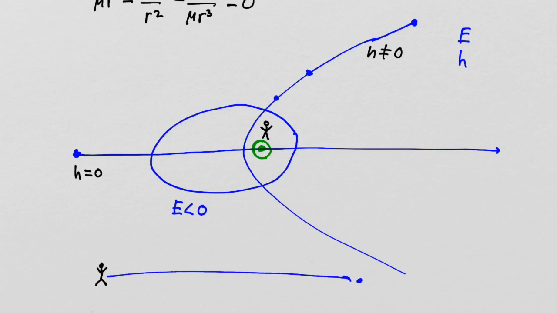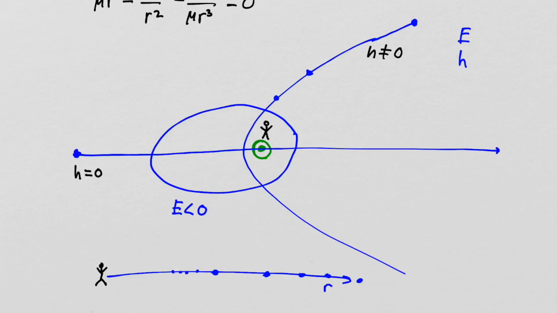So the distance to it is r. What would we see if we're watching it on this orbit? What we would see is that it would come closer and closer to us, accelerating, and then it would suddenly start to decelerate at some point.